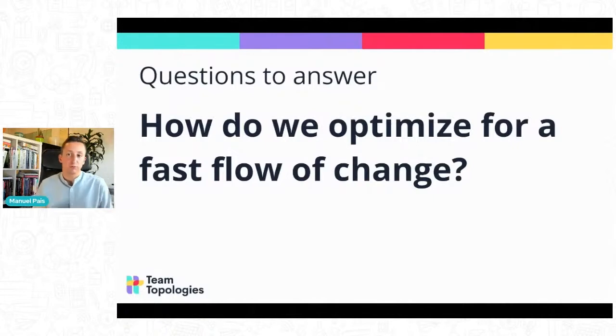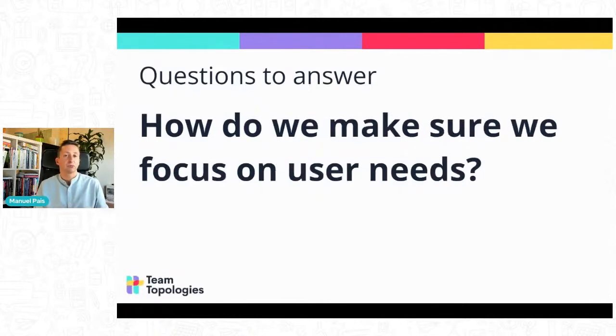It's because what we want is to have answers to some questions, like how do we optimize as an organization for fast flow of change? How do we support and have teams in place that allow the organization to respond quickly? How do we make sure that we're focusing on the user needs rather than focusing just on technology or just on what internally we think might be helpful, but actually it's not aligned to what the users want?